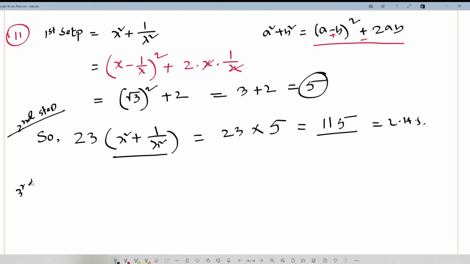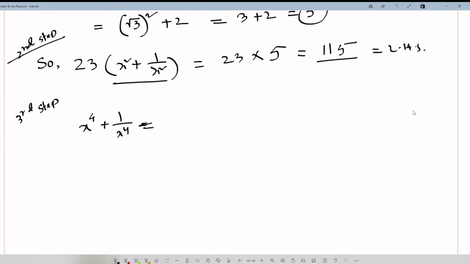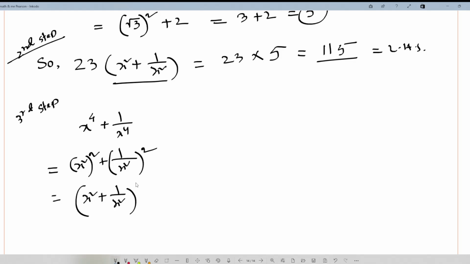Now third step, x to the power 4 plus 1 by x to the power 4. This one we know, we can write here x square whole square plus 1 by x square whole square. So this one we can write x square plus 1 by x square whole square minus 2 times x square times 1 by x square.